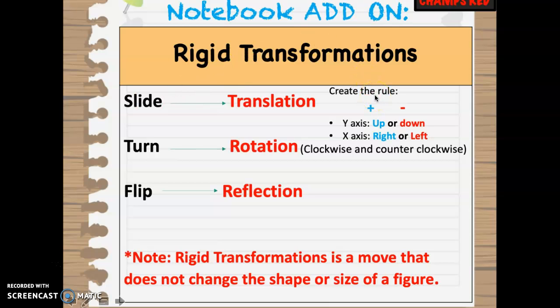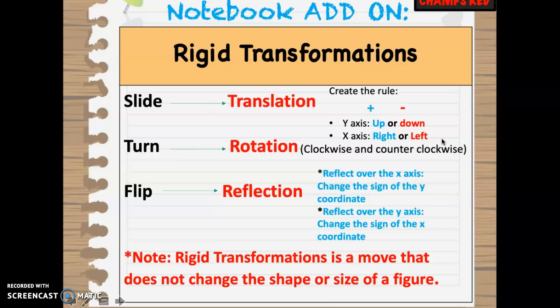And if you don't get it this time, don't worry, we're going to do a couple lessons on it. For the y-axis, the axis that goes up and down, you are going to create the rule. If you're moving up, you're adding to it. If you're moving down, you're subtracting the value from the coordinate. I'll show that later. In this case, the x-axis goes right or left.